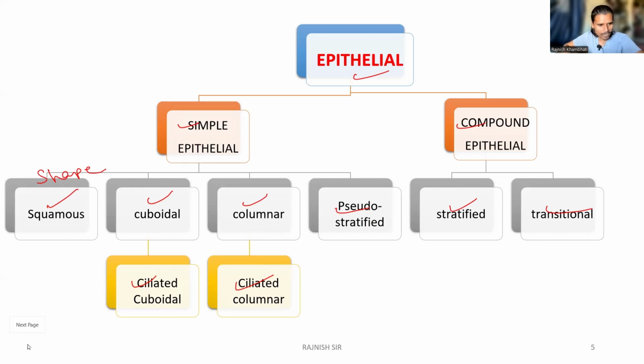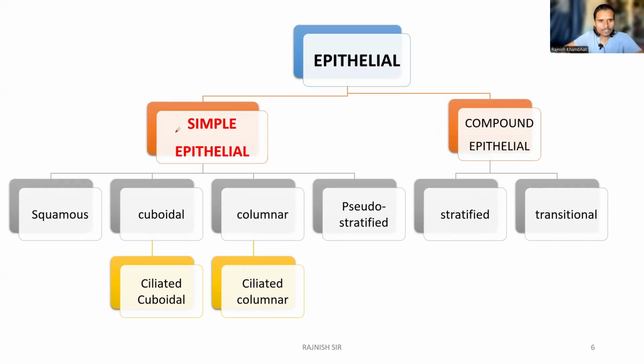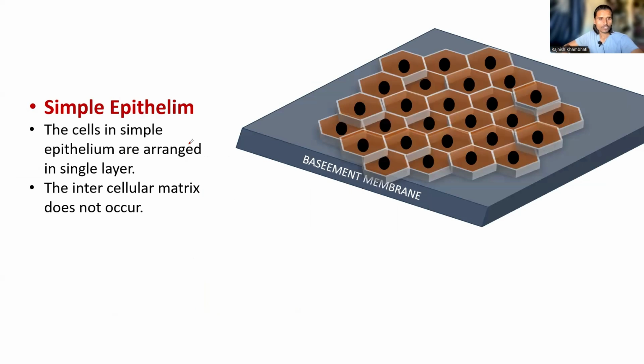Let's move ahead. First, simple epithelial tissue. Now pay attention over here. First, let's learn the general structure. Why do we call it simple? The name is simple epithelial tissue because the cells are arranged in a single layer.